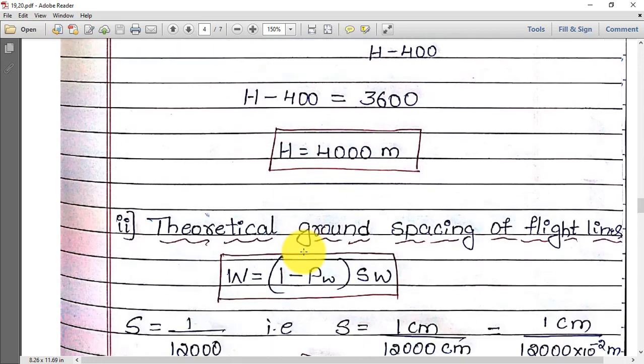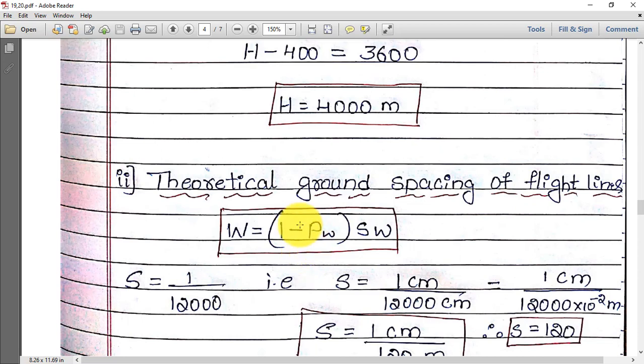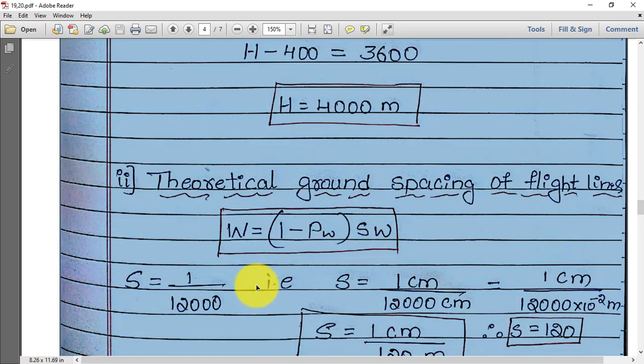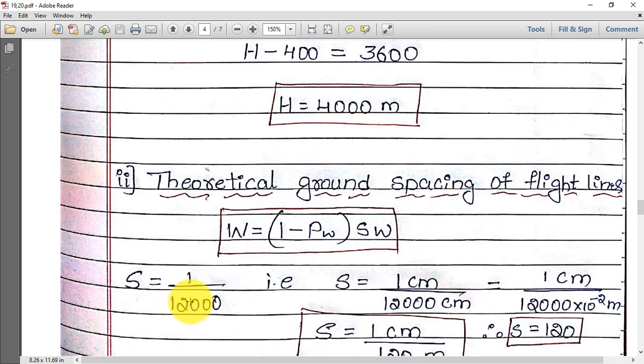Now moving on to the second question: theoretical ground spacing of flight lines. If you consider this is one flight line and this is the second flight line, these two spacing we need to find out. The formula is W is equal to 1 minus PW into SW. You already know this formula, correct? Here S is not given directly, but he has given S is equal to 1:12,000.